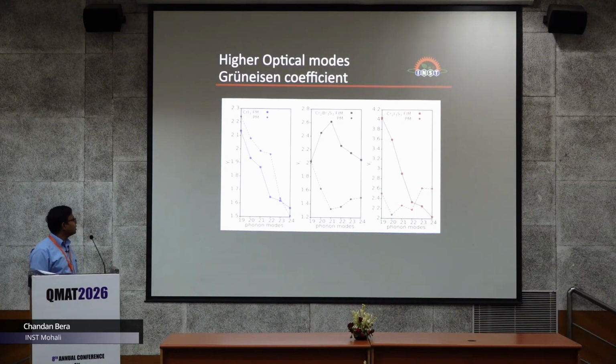The Grüneisen coefficients in chromium iodide, the parent structure, are comparatively low compared to the Janus structures. So this reflects that in the Janus structures the high energy optical modes have higher anharmonicity, which induces this high spin phonon coupling and also reduces the thermal conductivity.